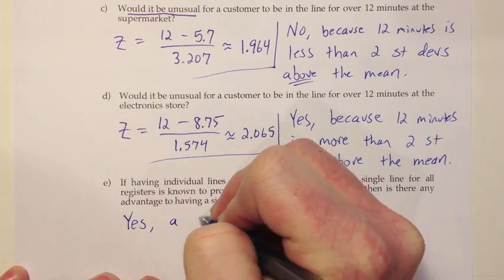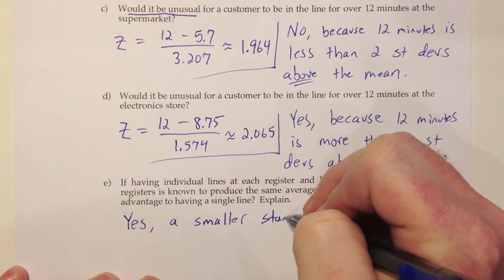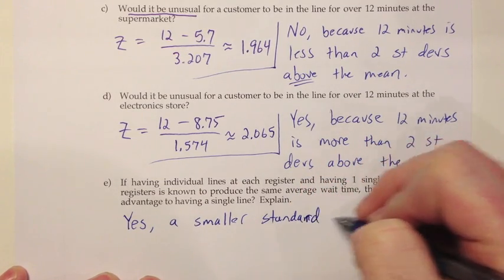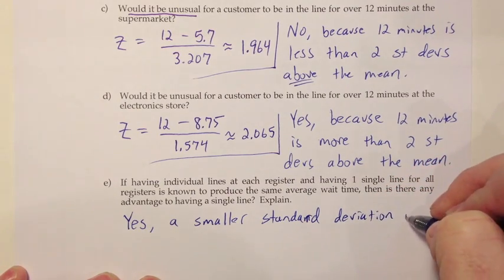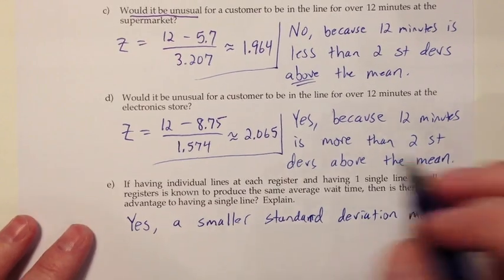a smaller standard deviation, which means the wait time is more consistent for all customers.